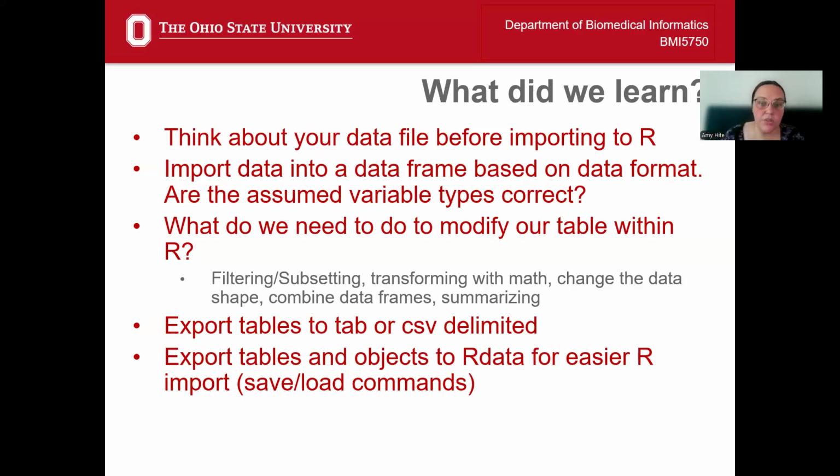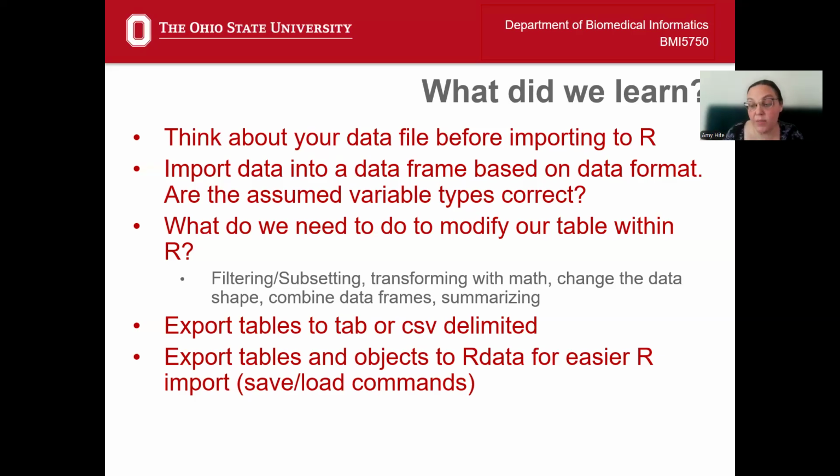What do we need to do to modify our table to get it into the format that we want to use it? Do we need to merge some tables together? Do we need to filter it, subset it, do some transformations? Maybe we need to log transform all of the numerical variables, or change the data shape so it's better for plotting. What do we need to do to analyze our data, to format it correctly?